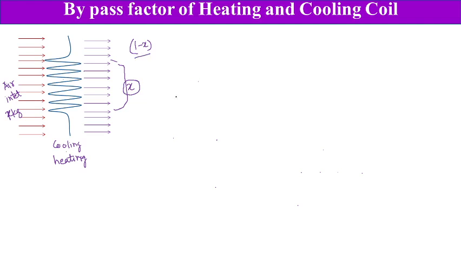So therefore, balancing the enthalpies we get, say here, x kg is going to pass over the coil.